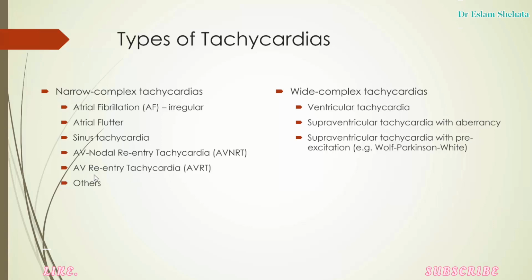Okay, so for example, Wolff-Parkinson-White, where there's an accessory pathway at some other part of the heart that's not part of the AV node, that would be a type of AV re-entry tachycardia.